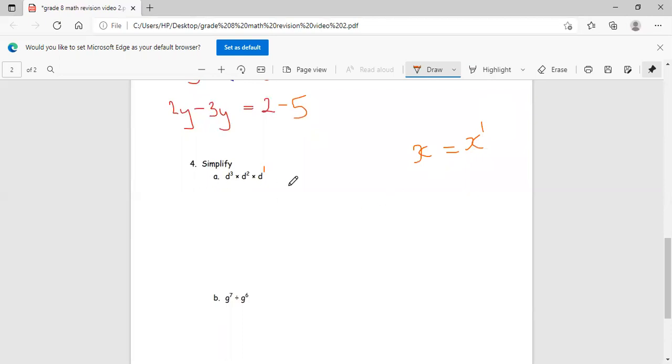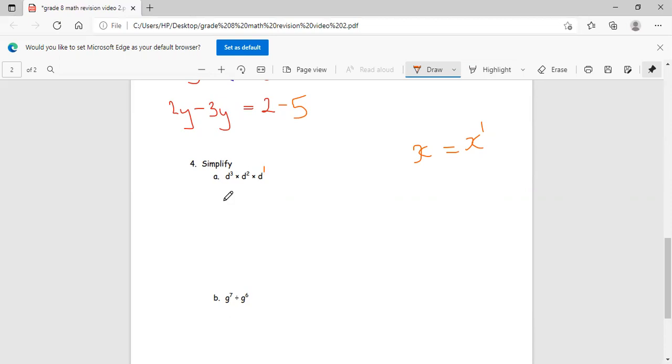As you know this already, because they are multiplied, I'm going to add the powers. Are you following? The bases are the same, D, D and D. They have the same base and I have multiplication between them.